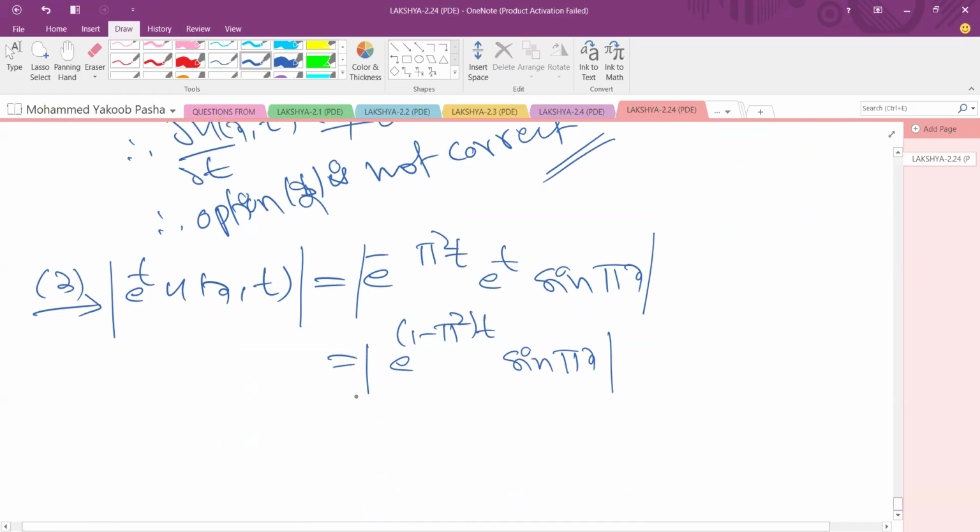In other words, this is less than or equal to e to the power of 1 minus pi square into t. Modulus of sin x will be 1, so I will write it directly.